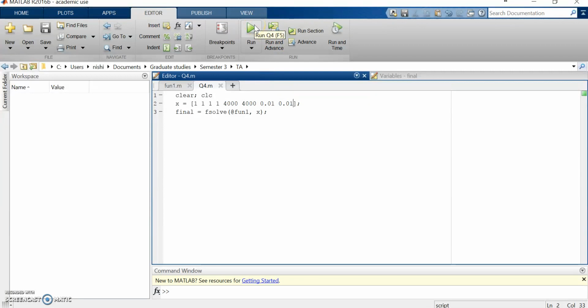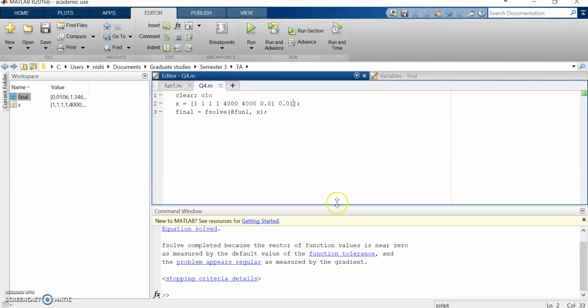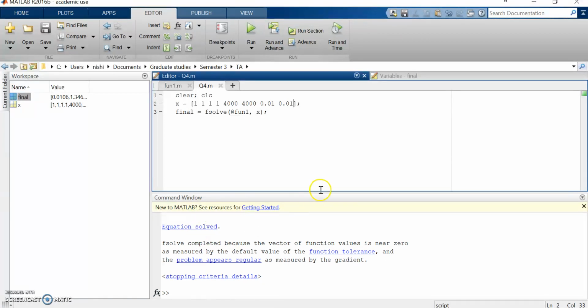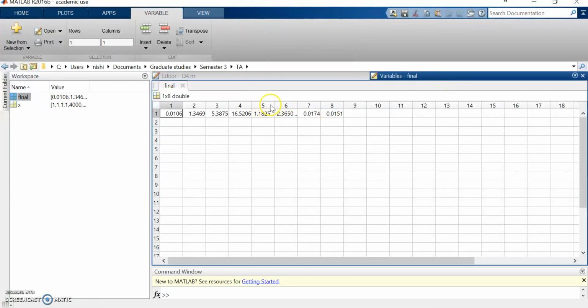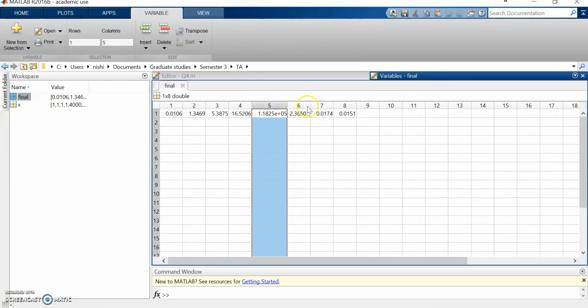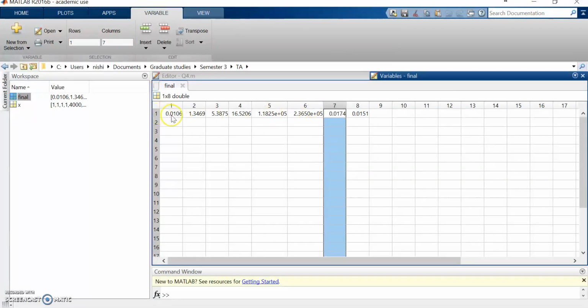So let's solve this. We click run, and we see that our equation solved. So let's look at what the final values are. Okay, so we see that the volumetric flow rate is this. The two velocities are over here. This is the total head loss.